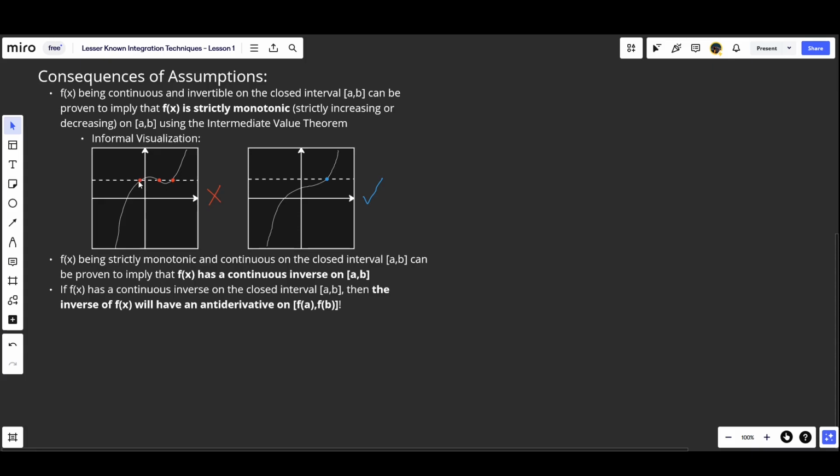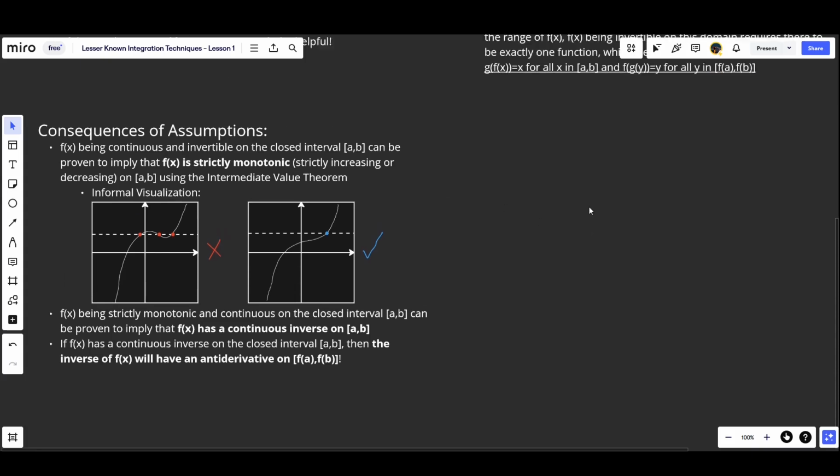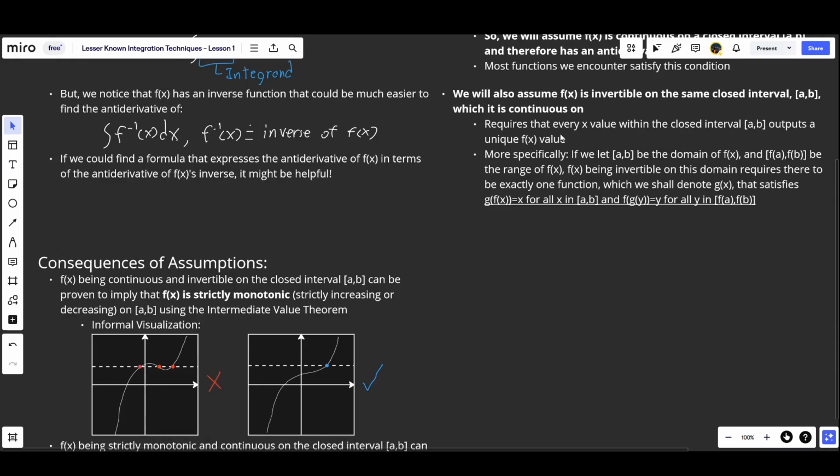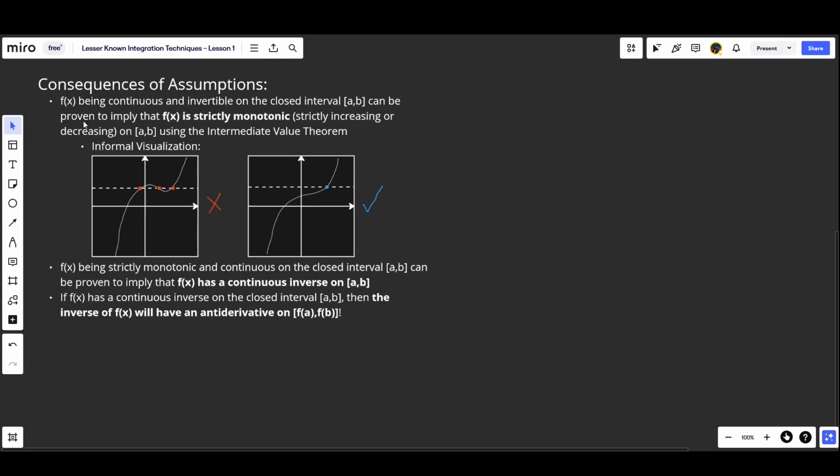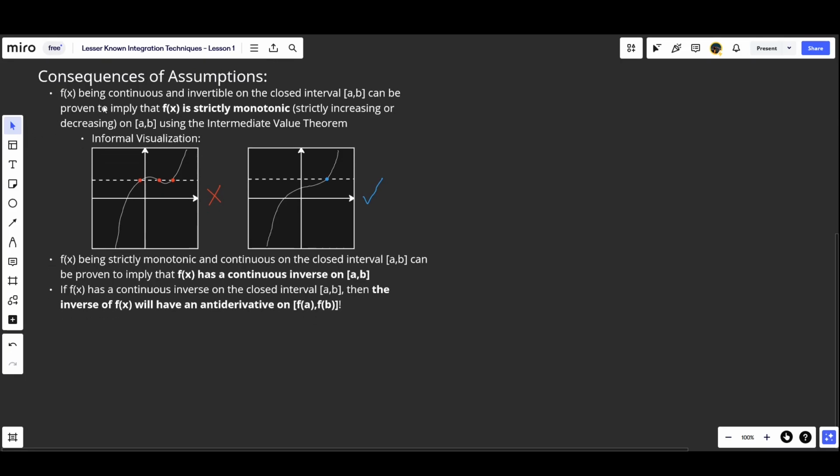And that's indicated by these three red dots that all have the same output value. However, the presence of these values is in contradiction with what we know to be part of the definition of being invertible on an interval, because to be invertible on an interval, the function in question cannot output the same value twice. And because of this contradiction, that means that f of x has to be strictly monotonic.